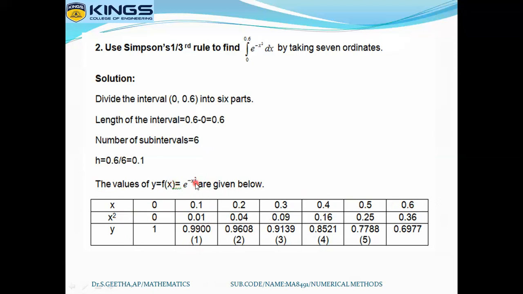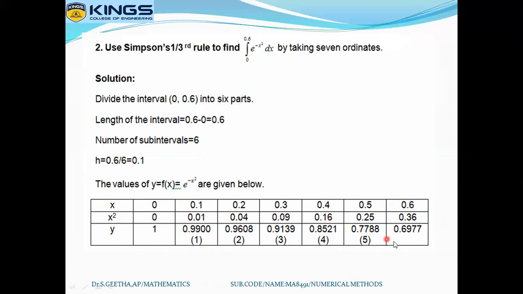Put x equal to 0, e power 0 equals 1. Replace x square; when x square equals 0.01, e power minus x square equals 0.9900. Similarly, we find the other values.